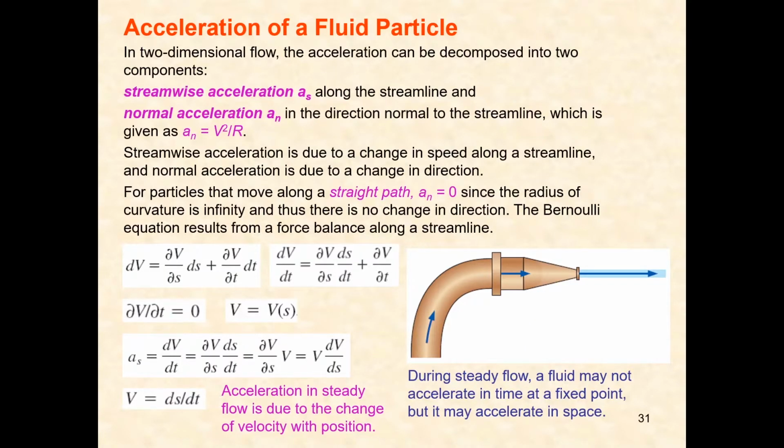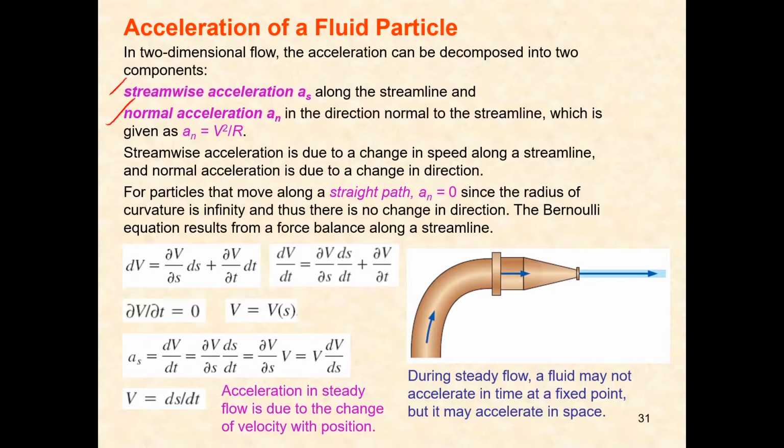In two-dimensional flow, the accelerations can be decomposed into two components: the streamwise component, which is the acceleration along the streamlines, and the normal acceleration, which is perpendicular or normal to the streamlines, given by a_n equals the tangential velocity squared divided by the radius of curvature.